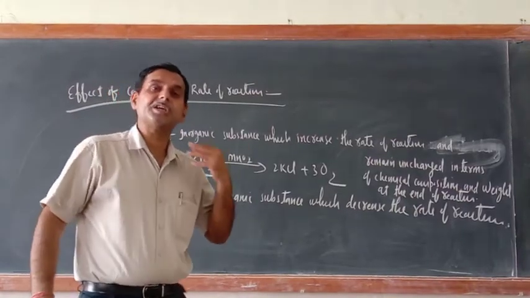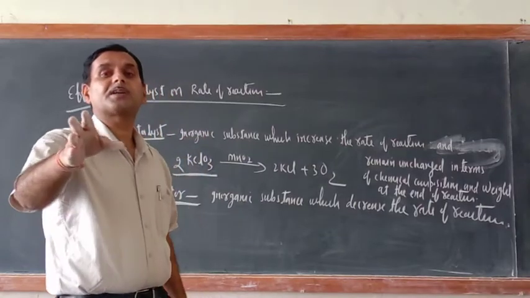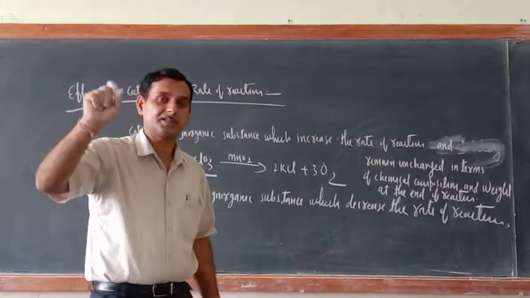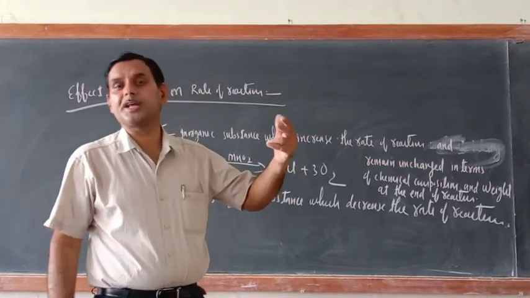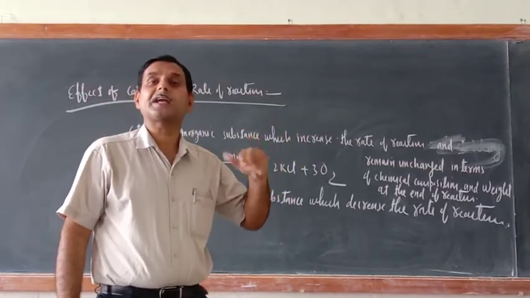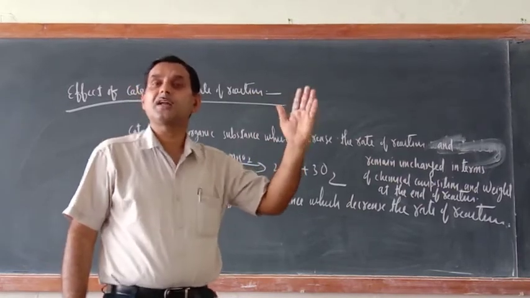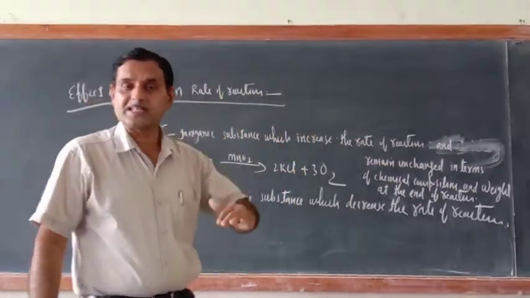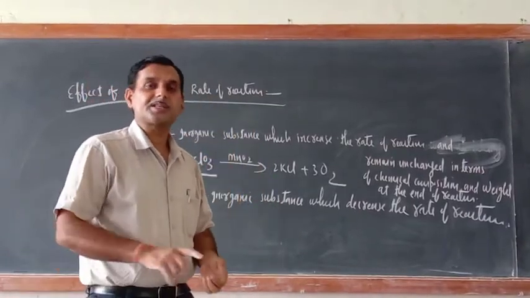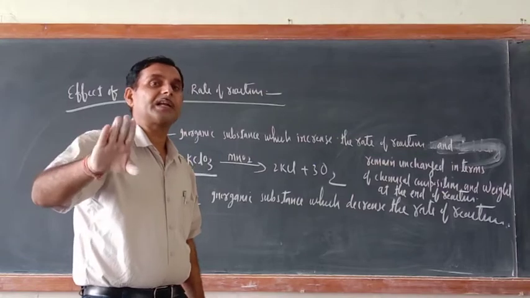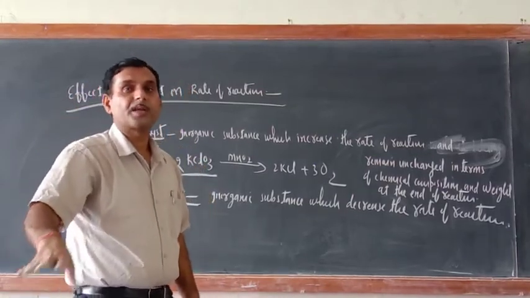Second, for the completion of any reaction, what is required? Activation energy. If more activation energy is required, the reaction will be slow. If less activation energy is required, the reaction will be fast. So just see, somewhere the catalyst decreases the activation energy value.